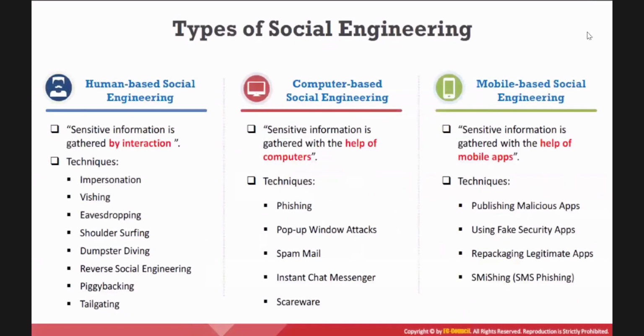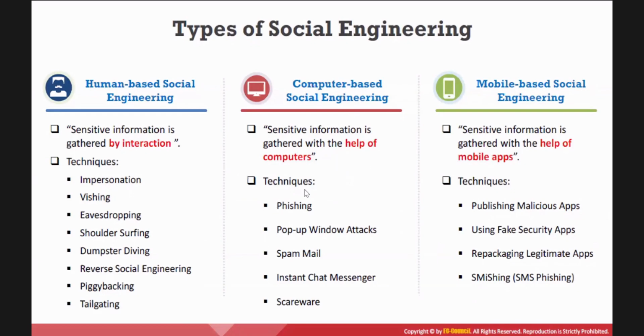Types of social engineering. We have human-based social engineering, computer-based social engineering, and mobile-based social engineering. In human-based social engineering, we use common things like impersonation, vishing, eavesdropping, and shoulder surfing. These are all common things we can use.